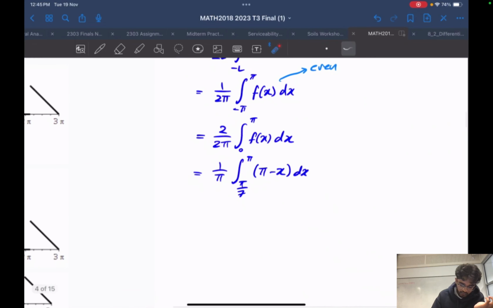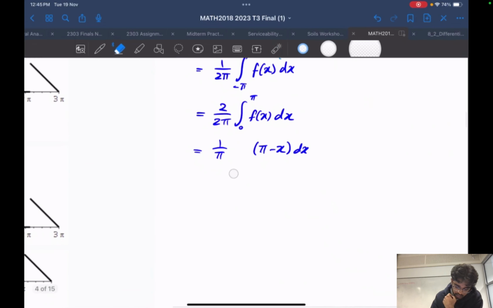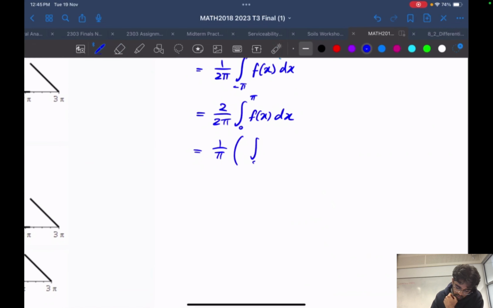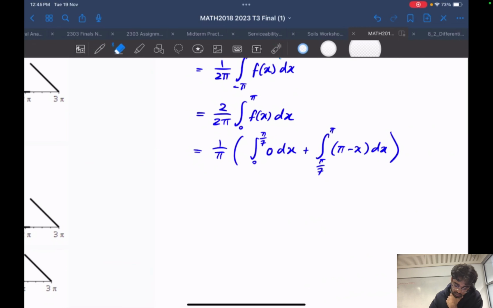So I can write it a bit neatly, actually. I write it like this. Between 0 and pi on 7, 0 dx plus pi on 7 to pi of pi minus x dx, where this integral will just go to 0.